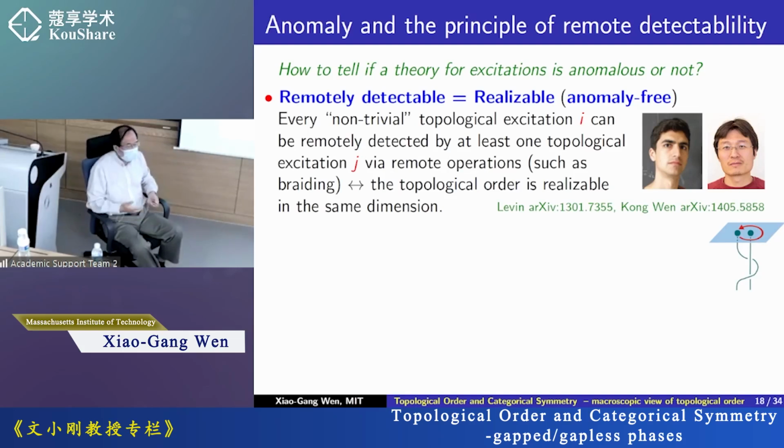But in one dimension, whenever we have a non-trivial particle excitation, it's not remotely detectable, which means anomalous. So remotely detectable and anomaly free are the same thing. If the topological excitations can all be remotely detected, then it's realizable by a lattice. Otherwise, it cannot be realized by a lattice.